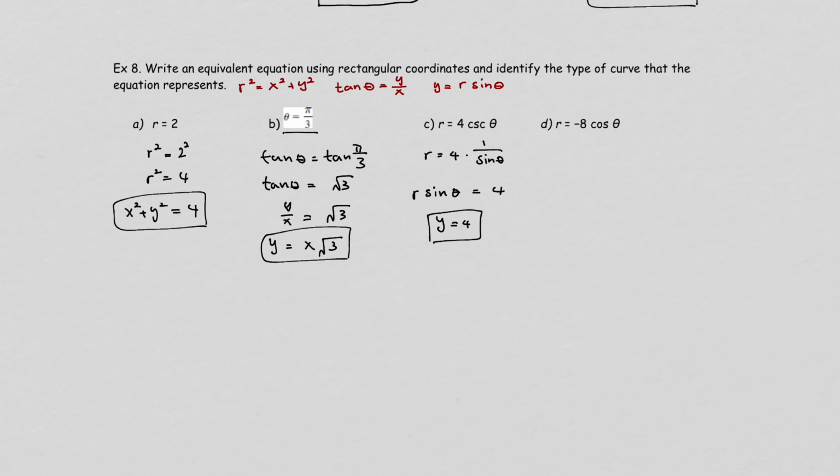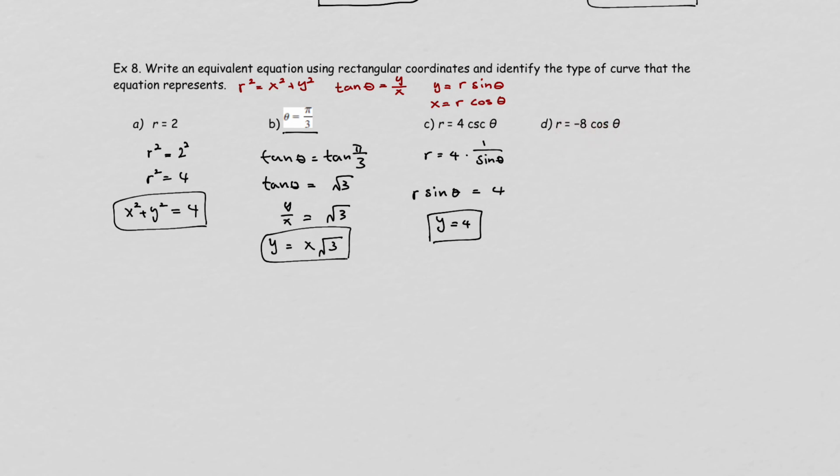The last one, the first thing we wanted to do is, remember when you're changing to x and y, we know that x is equal to r cosine theta, y is equal to r sine theta. So you have to have r right here in order to convert it into x and y. So what you need to do in the beginning is multiply both sides by r.